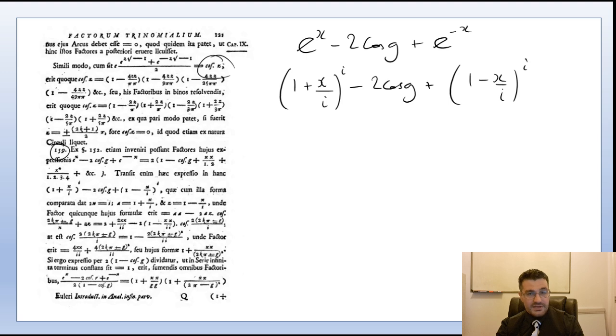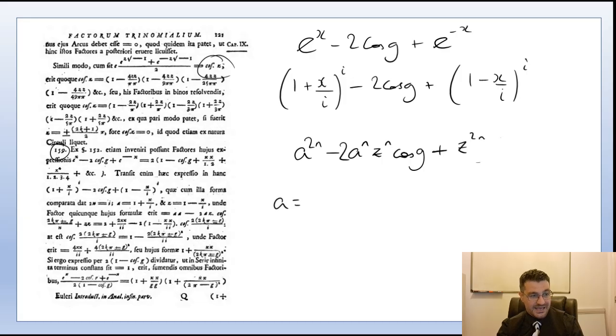Now, remember in section 153, the form of the integral function that we were looking at was a to the power of 2n minus a to the power of n z to the power of n cosine g, twice, plus z to the power of 2n.